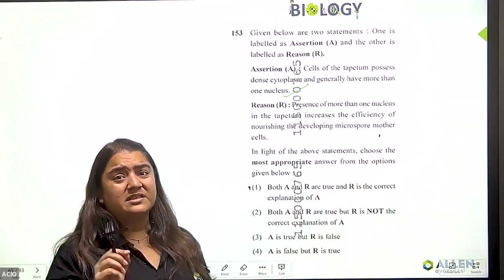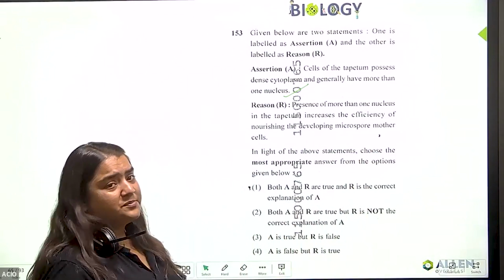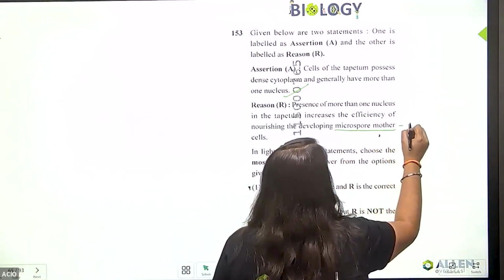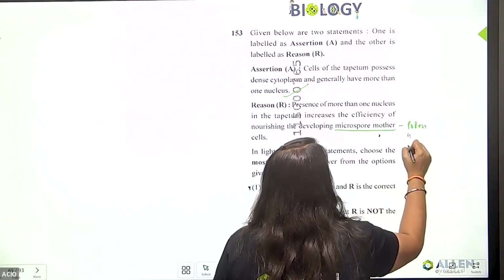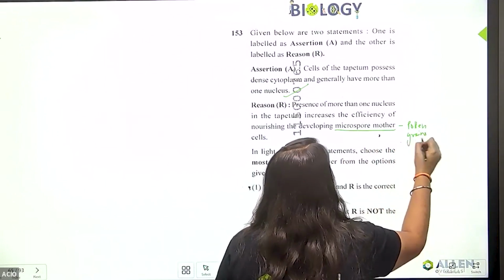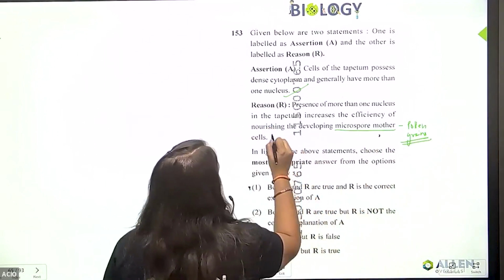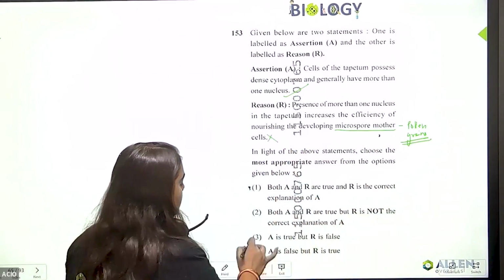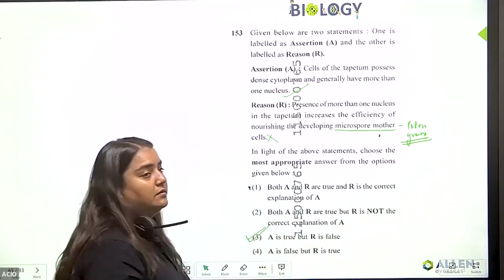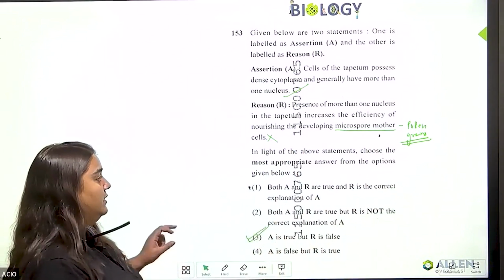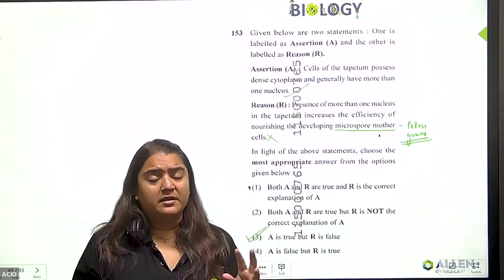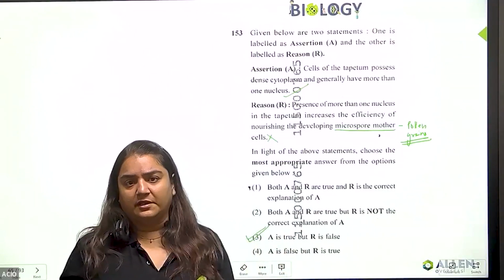It actually nourishes the pollen grains, not the microspore mother cell. In NCERT they have written pollen grains, so according to the wording in NCERT, the reason seems to be wrong. So assertion is true, but reason is false. It is a very minor change: instead of microspore mother cell, it should be developing pollen grains.